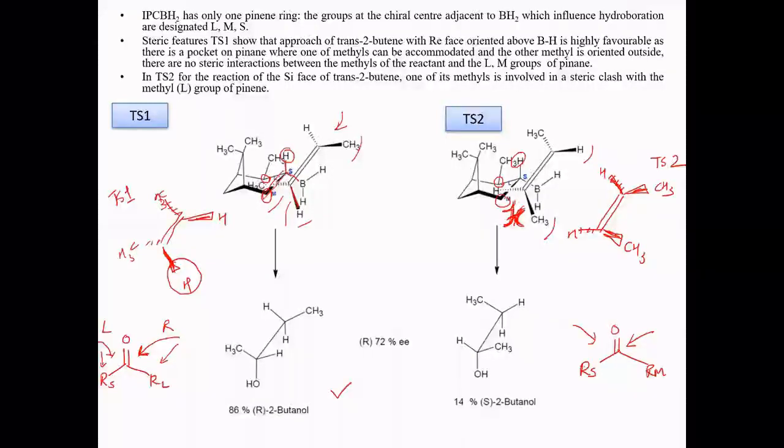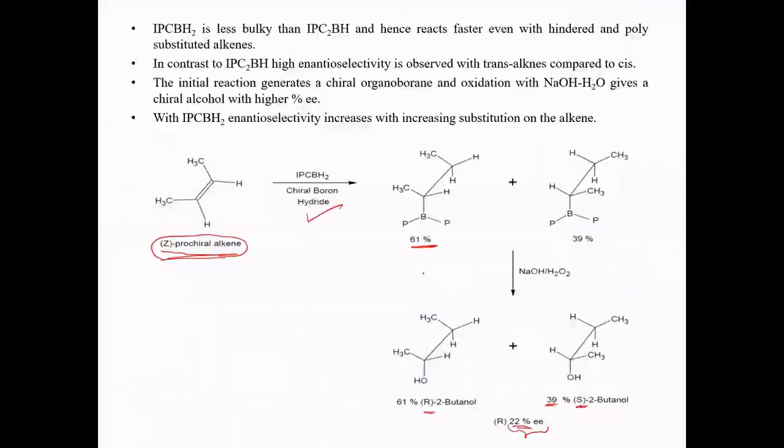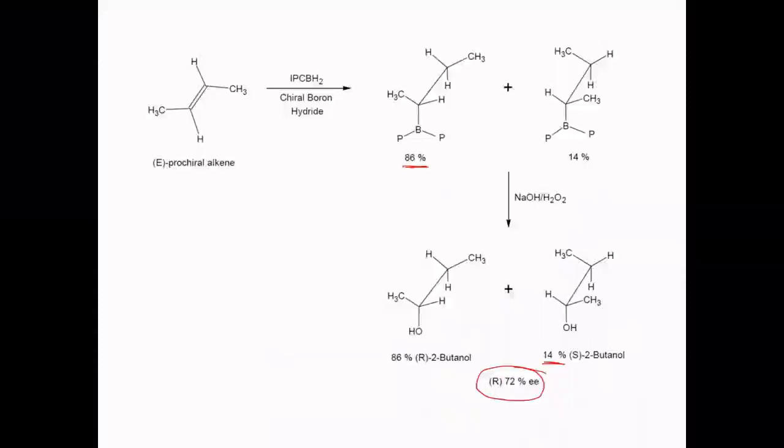In the Z isomer, if the methyl groups are towards the catalyst, that will be the better approach compared to away, and as a result I will end up with the R or S isomer, but this time the difference will not be much. The difference in the two transition states will not be much, and as a result I don't get enantiomer selectivity in the case of the Z isomer, but we get better enantiomer selectivity for the E isomer.